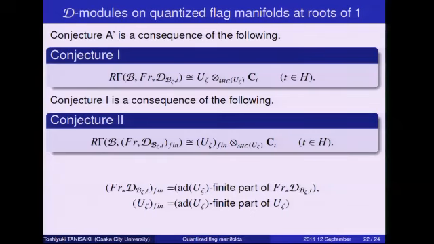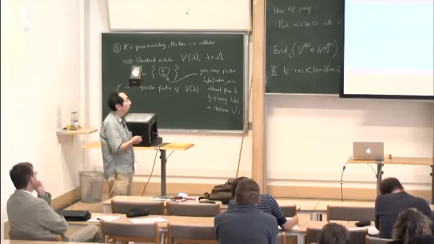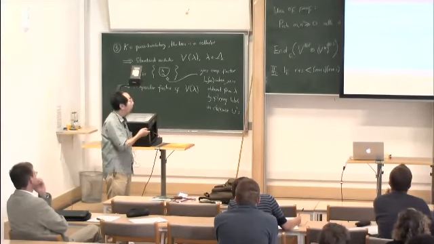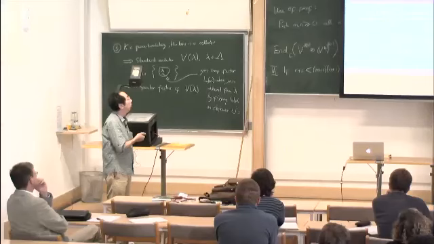I made a mistake in typing. But anyway, I should consider the finite part, and we have a version of this for the adjoint finite part. In fact, this is a localization of this subalgebra. So if we have this one, then we can localize this formula to obtain that formula. The second one is a little bit stronger, maybe much stronger than the first one, but anyway, this implies the first one.